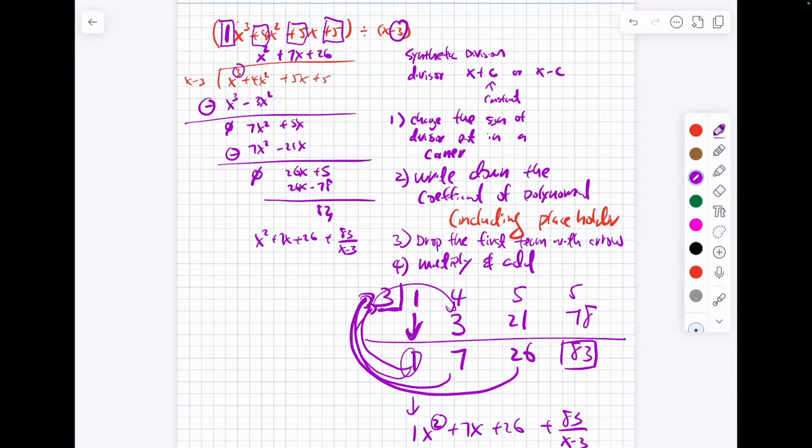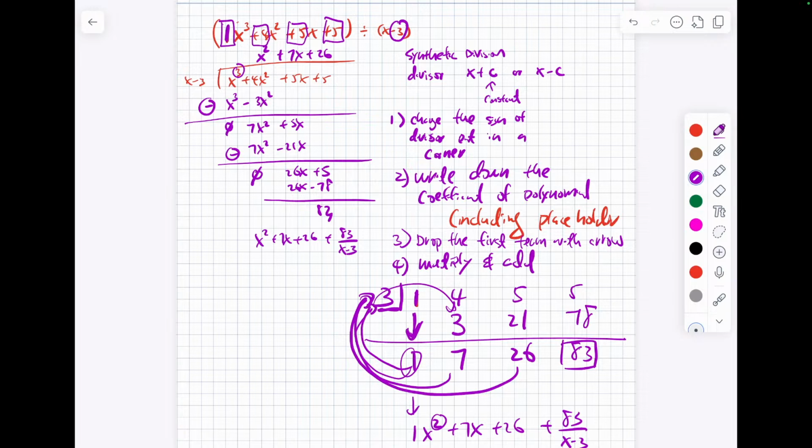Okay. The last box is the remainder. There's always a remainder. No, they can have 0. If it's 0, that's what we want in some other situations. In this case, we are not at 0.